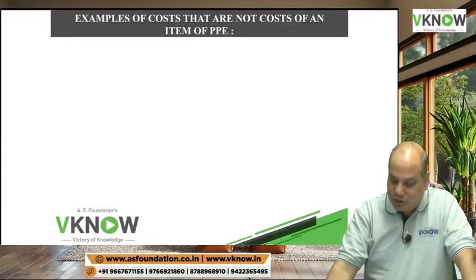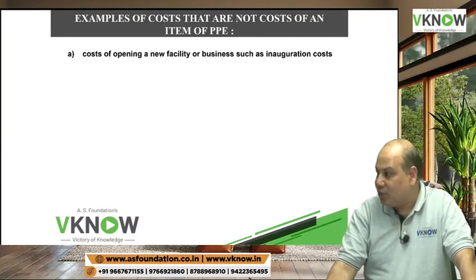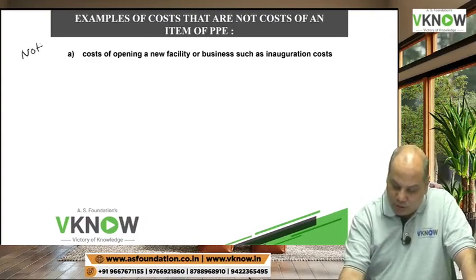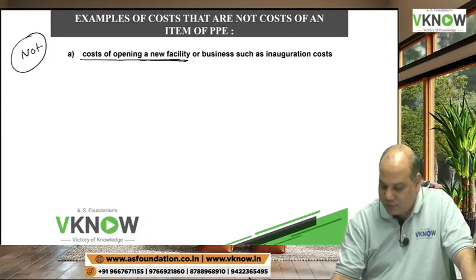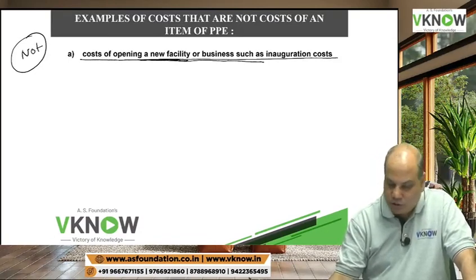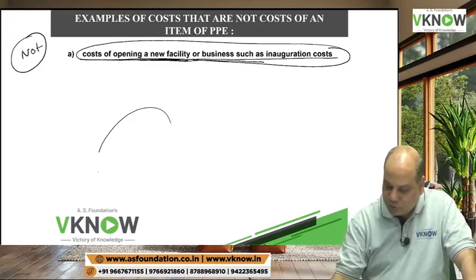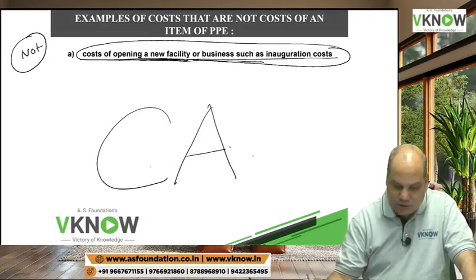Okay. Next is example of costs that are not the cost of an item of PPE. Not to be included. Cost of opening a new facility or business, such as inauguration cost. So you are opening a new office. Suppose you have become a chartered accountant.